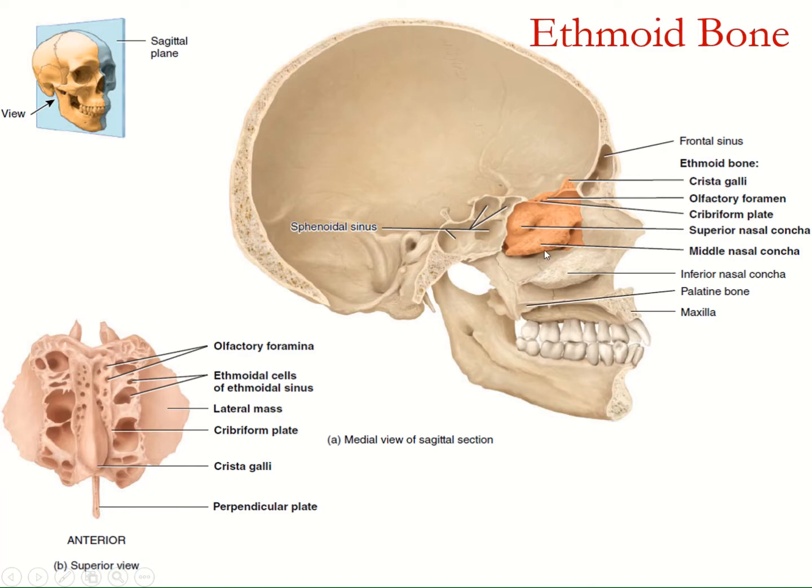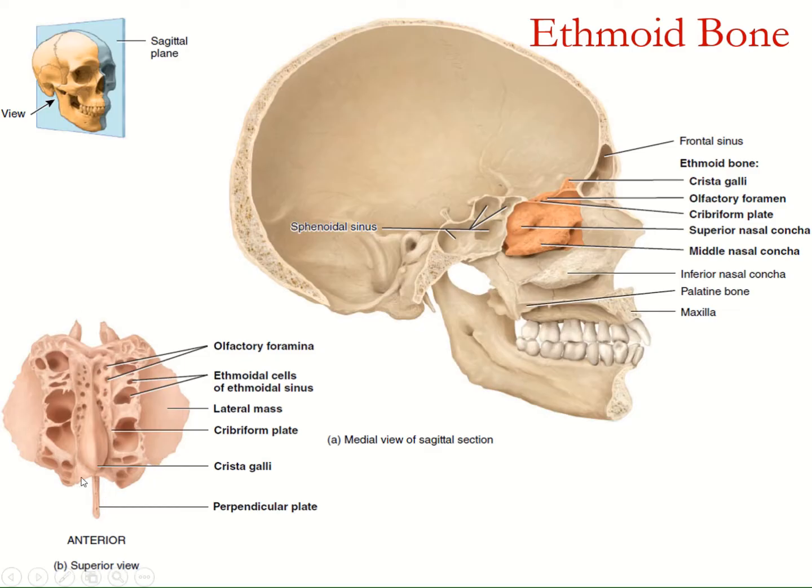So it's deeper. And then it also has your superior and middle conchae. Okay, superior nasal concha over here and the middle nasal concha over here. So these particularly make up the lateral wall of your nasal cavity.